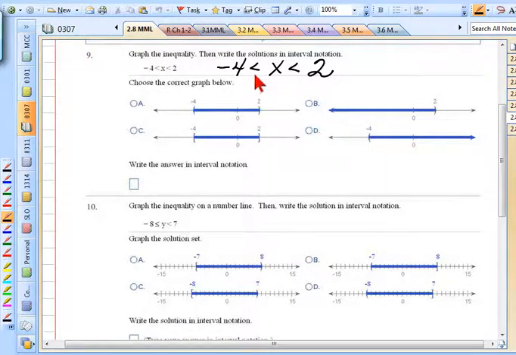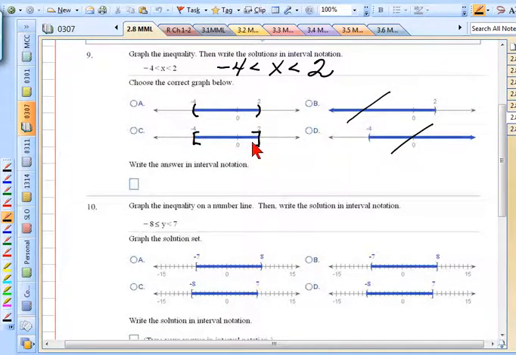What will I see at 2? A parentheses because it's not included. So I know that it cannot be choice B or choice D because those head off toward either negative or positive infinity. Both A and C go between -4 and 2. A has parentheses. C has brackets. So which one is correct? A.